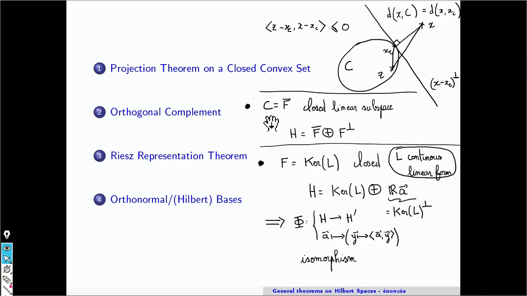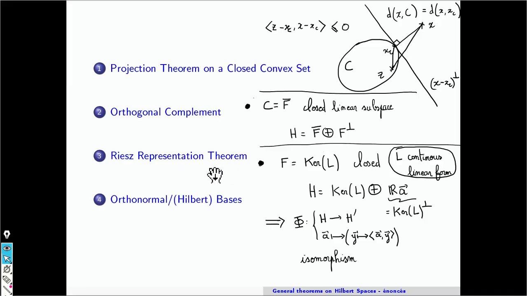In the special case where C is a closed linear subspace, then for any x, x minus its orthogonal projection is orthogonal to C. So C is in the hyperplane where the inner product is equal to 0. So the Hilbert space decomposes as the subspace direct sum with its orthogonal complement.